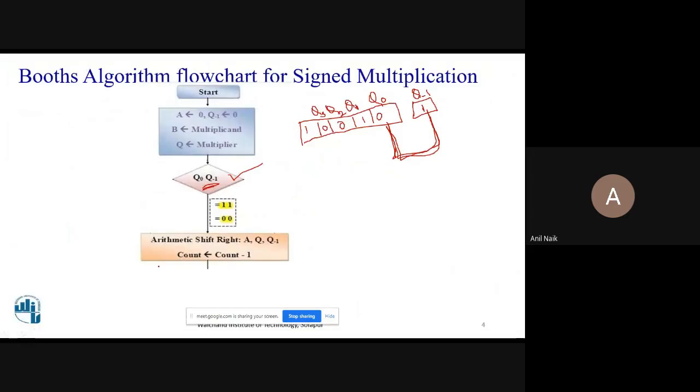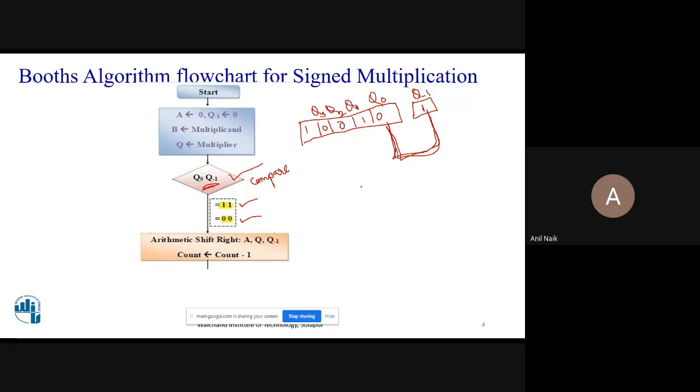So here, after we compare Q naught and Q minus 1, if both the bits are 1 1, meaning Q naught is 1 and Q minus 1 is 1, or both are 0 0, meaning both are the same, then we need to perform an arithmetic shift right operation.